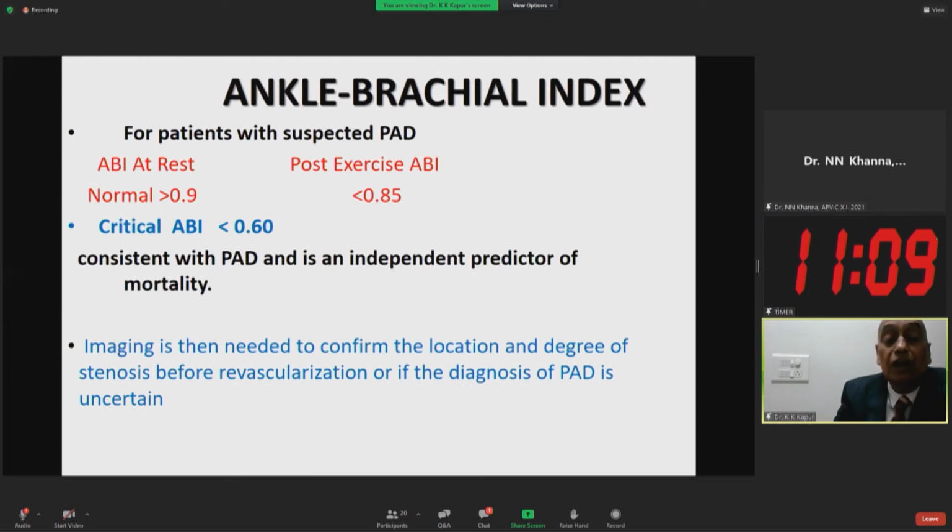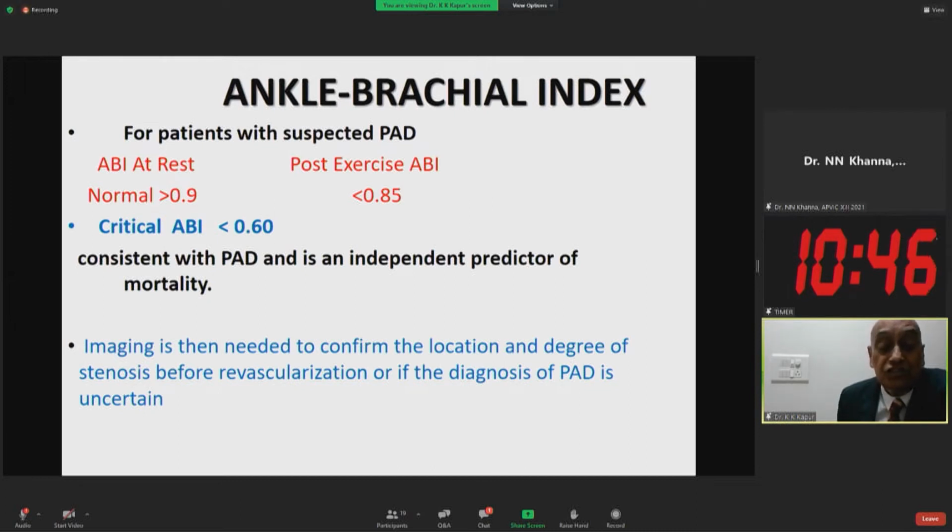So when you look at the arterial Doppler, as a screening technique, we have used ankle brachial index. A normal ankle brachial index is 0.9, but on post exercise, it becomes less than 0.85, and a critical ankle brachial index is less than 0.60.